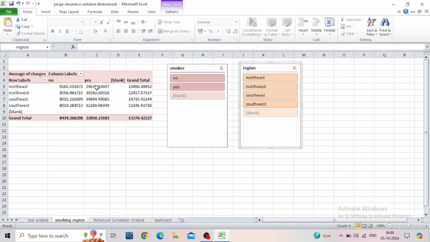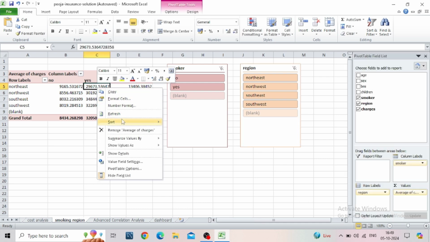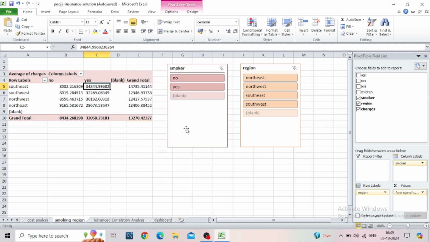And let me sort it largest to smallest. So the southern regions have a higher number of smokers compared to the northern regions. This insight is useful for understanding the geographical distribution of smoking habits, which could help target health interventions more effectively in areas with a higher prevalence of smokers.